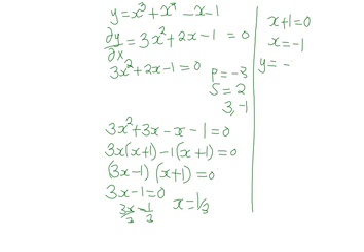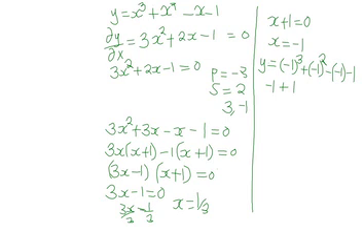negative 1 cubed plus negative 1 squared minus negative 1 minus 1. So negative 1 cubed is negative 1, plus negative 1 squared is positive 1.